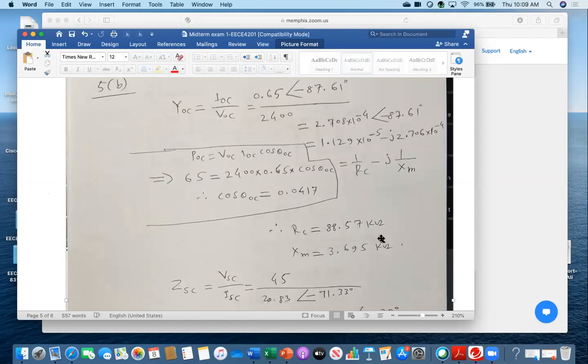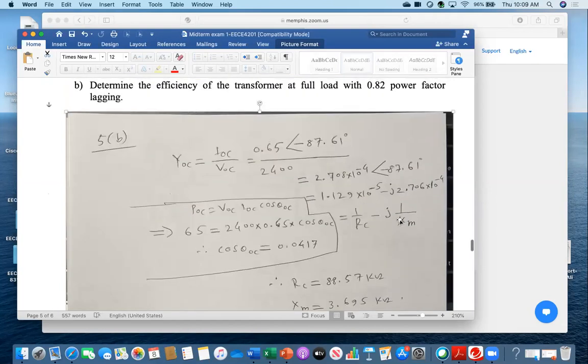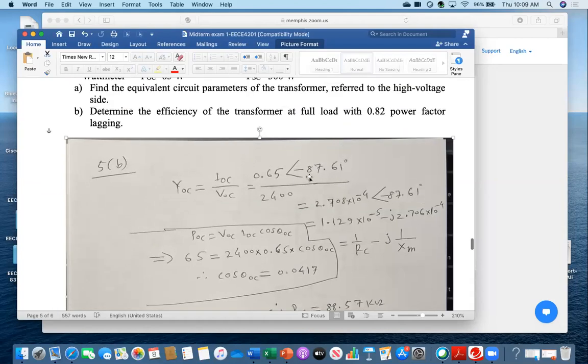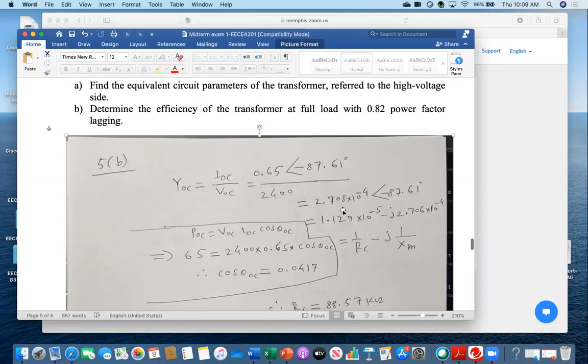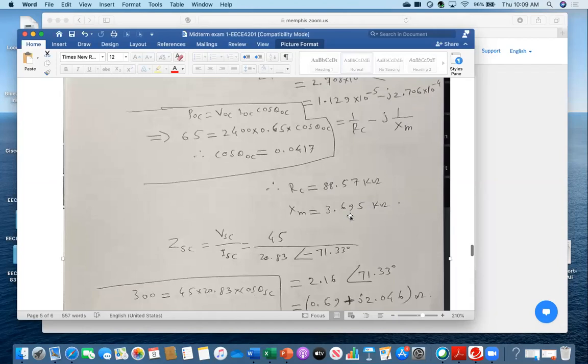But sometimes you got a completely different result. Probably you messed up somewhere in converting polar to rectangular, or with the angle. Your angle is coming 87.61, but you have to put the minus sign, because the transformer provides a lagging power factor. Okay, that is fine.